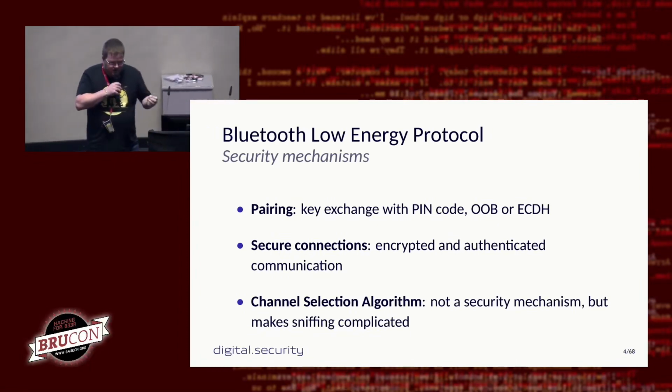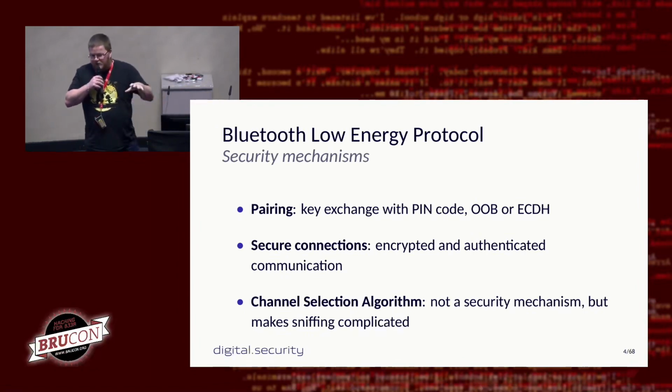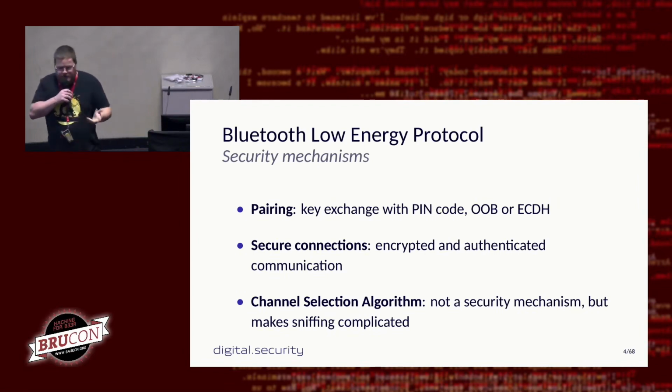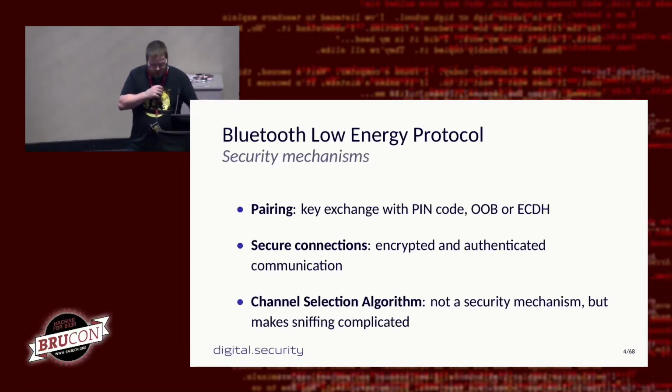So this channel selection algorithm is not a security mechanism, but a feature that has been introduced in BLE to perform some channel hopping that makes sniffing complicated. Basically it has been introduced in this protocol to make it more reliable. But from a security perspective, it's also more difficult to tap into an existing connection, for instance.